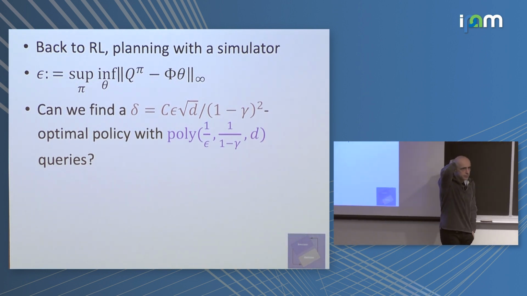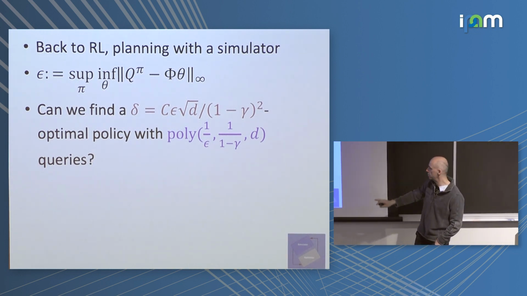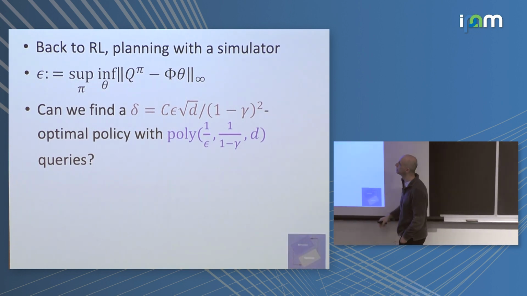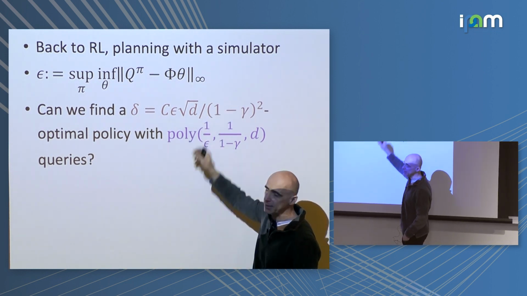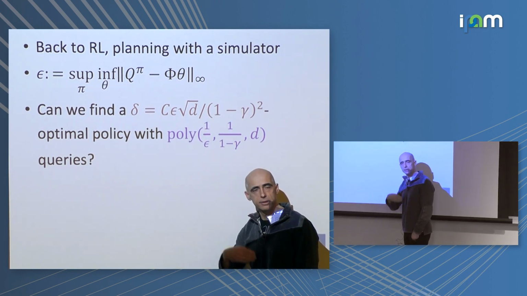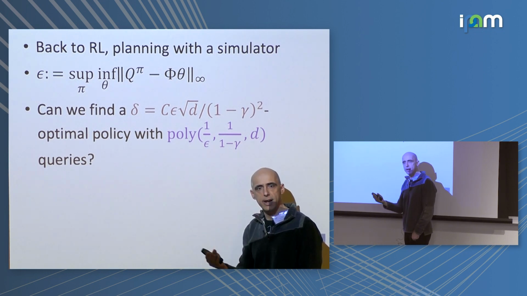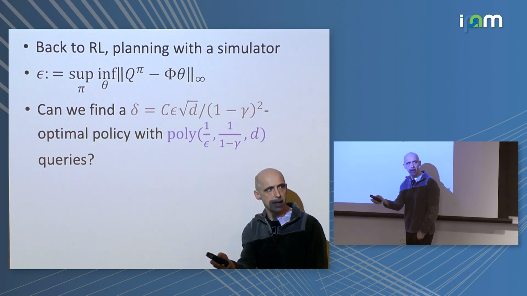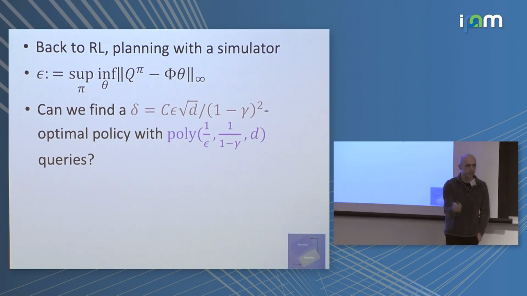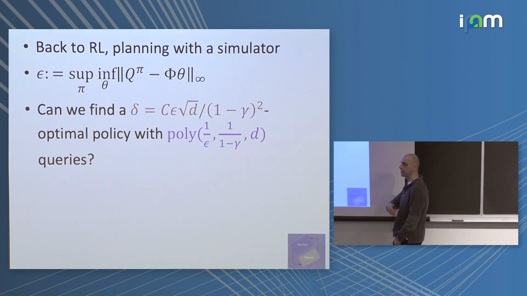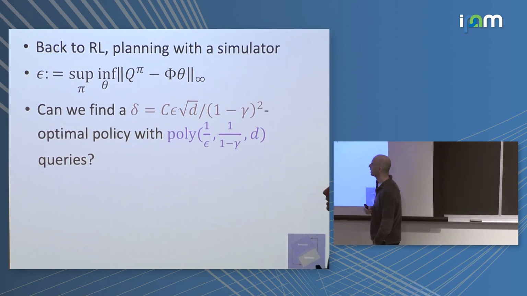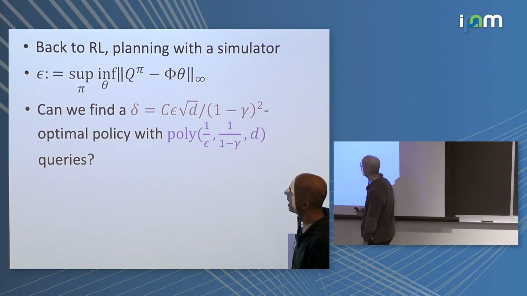But anyways, since everyone loves RL, let's go back to RL. But let's try to keep it simple, just planning with a simulator. So we are back to this world. There is an epsilon level of misspecification. You assume that the features are good enough to approximate all action value functions up to a level of epsilon accuracy, and you have access to a simulator and to the features. There are zillions of states, but not too many actions.